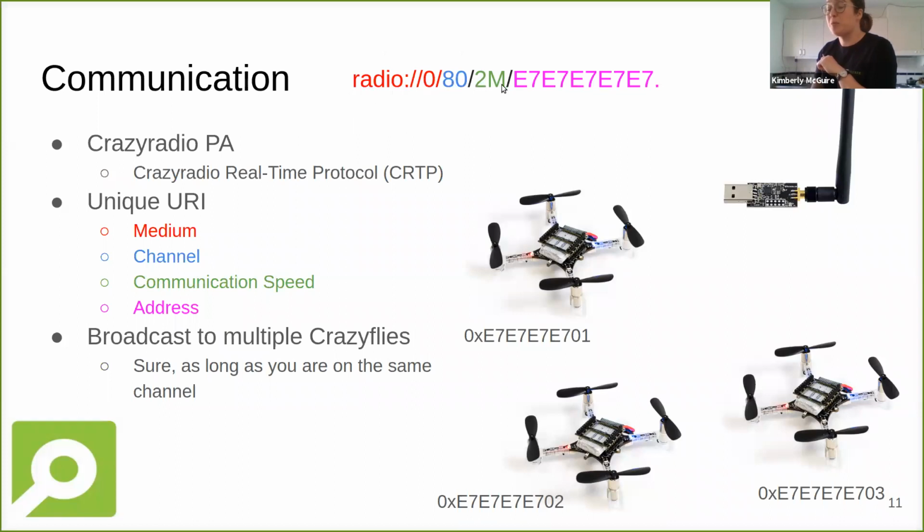This stands for the speed, 2 Mbits per second, and E7 is the hexadecimal ID per Crazyflie. It is actually possible to broadcast to multiple Crazyflies as long as they're on the same channel, and they have to have a unique ID. But I don't think you guys are going to really focus on that, so I'm not going to go too much into detail.